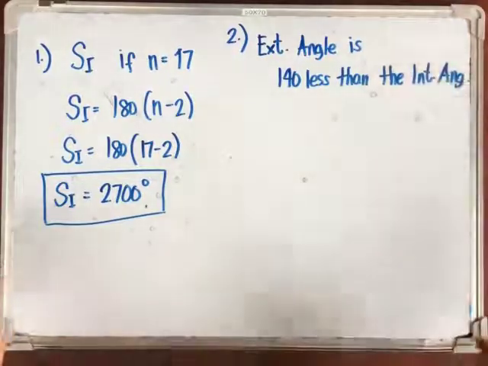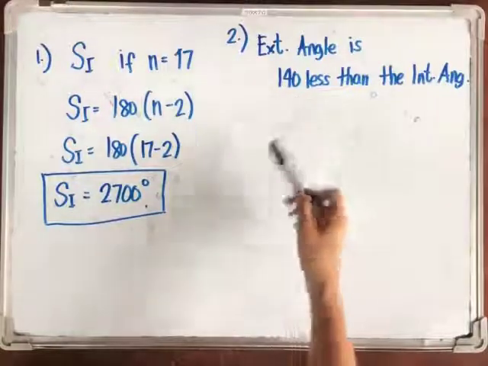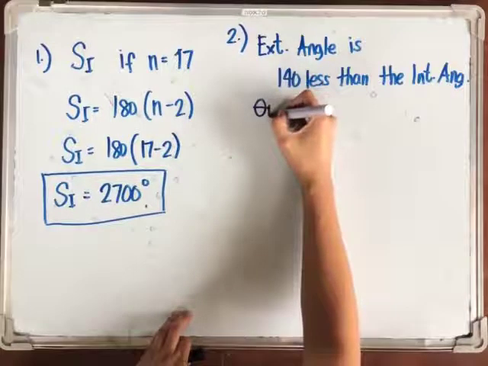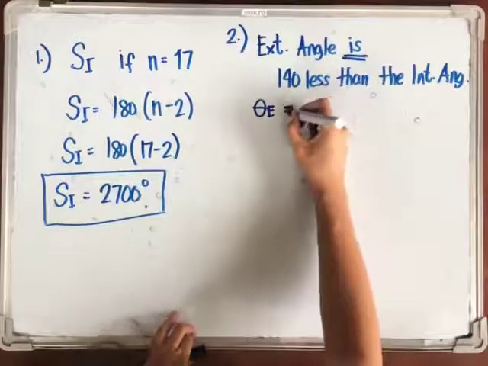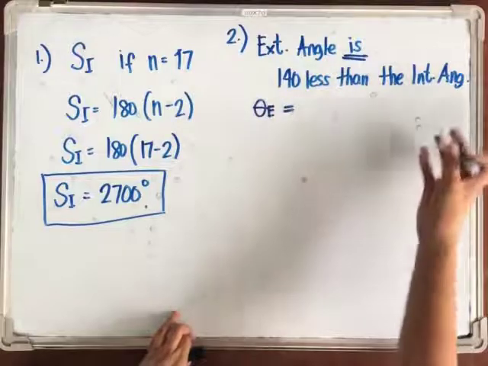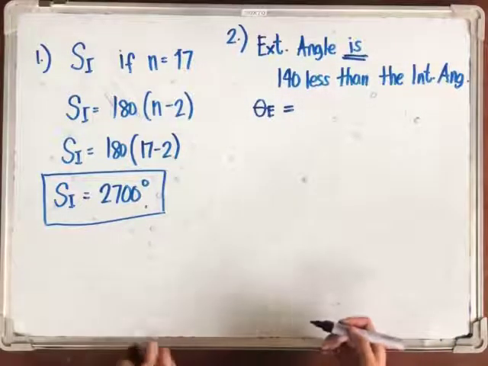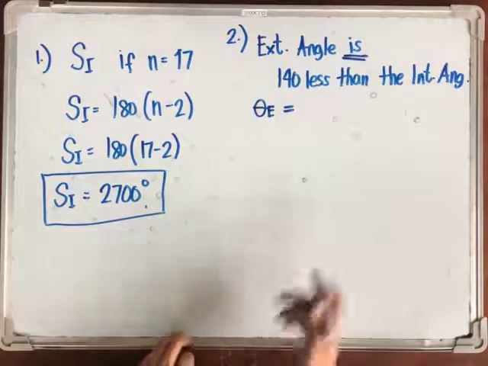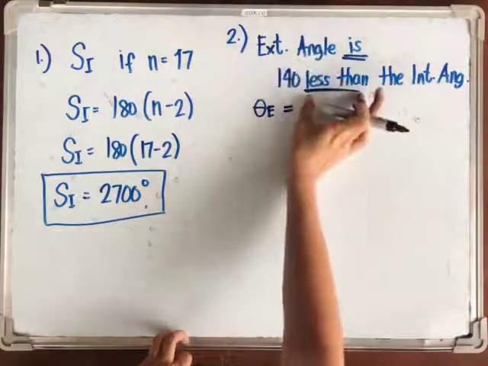So, since wala kang mathematical equation dyan, ikaw ang gagawa ng mathematical equation mo from this description na sinasabi niya. Exterior angle natin is our theta sub e. Pag sinabi niyang is, ibig sabihin, equal to the interior or 140 less than the interior. So, if you can recall your basic transformation of English words into mathematical statements, pag sinabi mong less than, yung minus, ibig sabihin nito, diba?